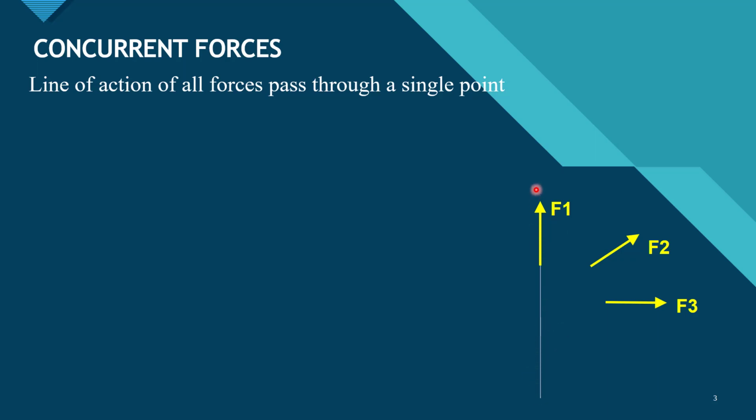Similarly, we can draw the line of action of F2 and F3. So in this figure, you can see that the line of action of these three forces meet at a point O. So this system of forces is known as the concurrent force system.